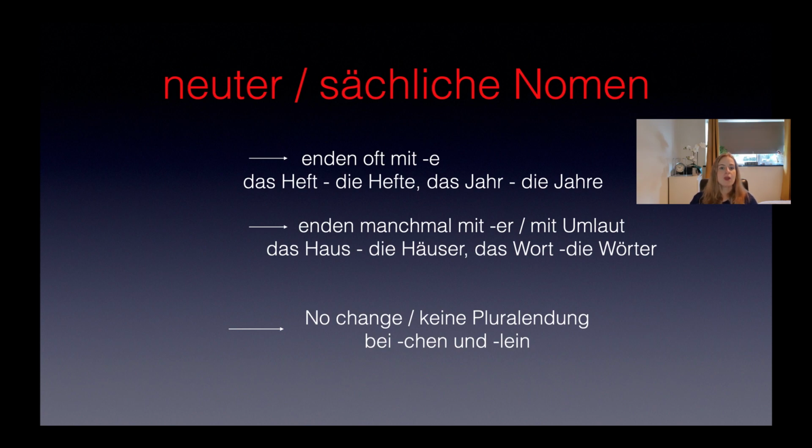You see, the vowel O turns into an Ö, Umlaut, Ö. And guys, one good thing about that, when a noun ends with chen and lein, there is no plural ending. That means no change. That's good, isn't it?